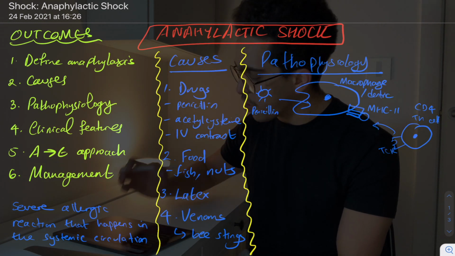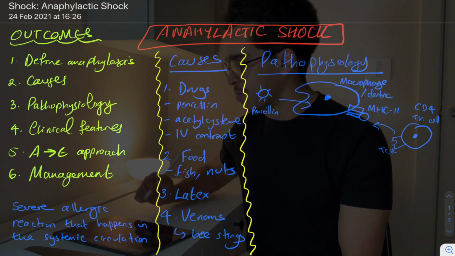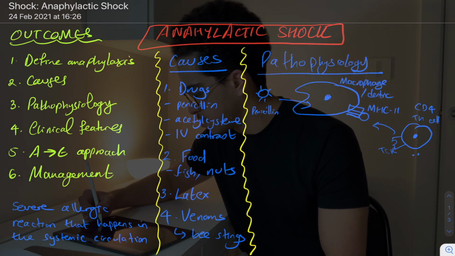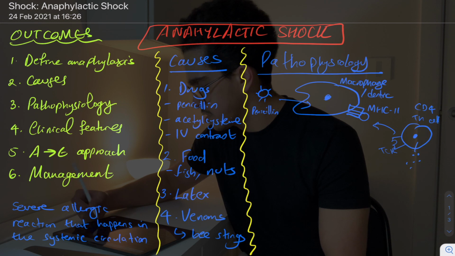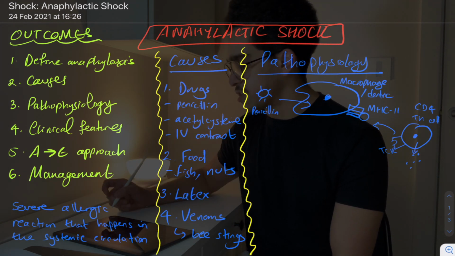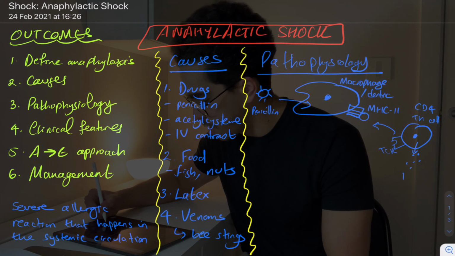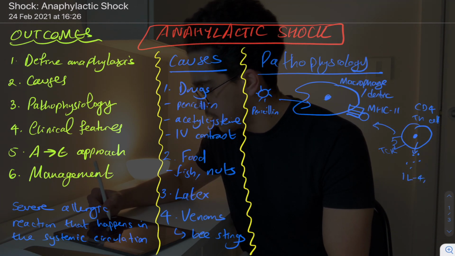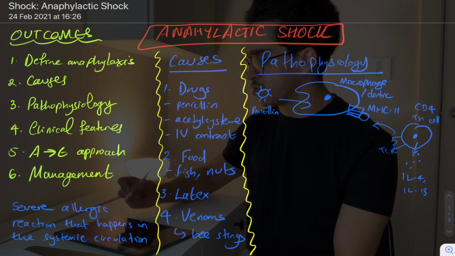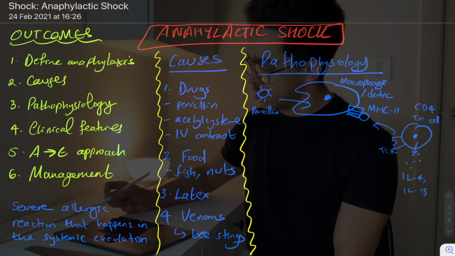It's going to start releasing different chemicals, mediators. What kind of mediators? For example, interleukins. Like IL-4 and IL-13. Interleukin 4 and interleukin 13.